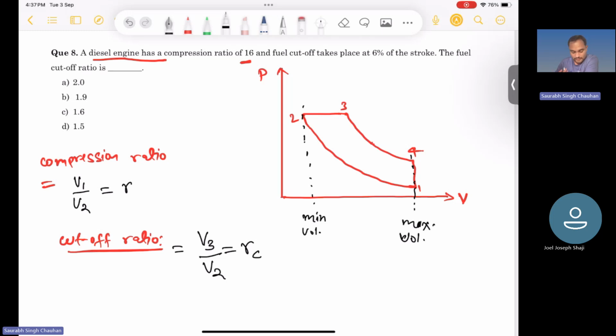Now we can try to solve the question. A diesel engine has a compression ratio of 16, so R is given to be 16, and fuel cutoff takes place at 6% of the stroke. Which stroke?